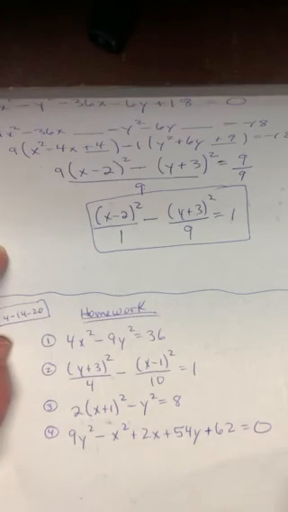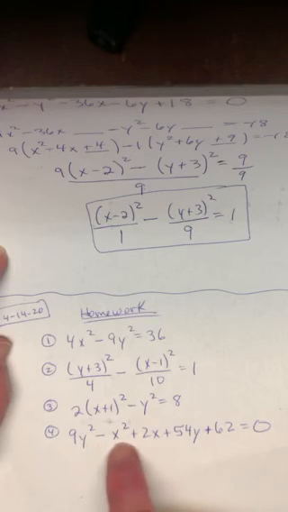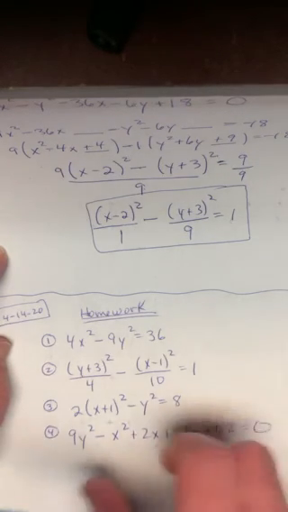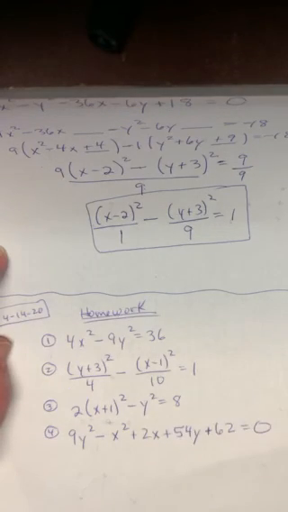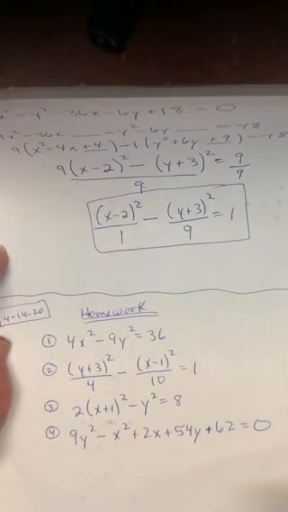And then on number 4, all you've got to do is complete the square, group your families together, manipulate that one, and try to get it into standard form like I did on my last problem. So there's your 4 problems. You might want to hit pause at this point. Those are your 4 homeworks that are due tomorrow on Wednesday by noon, okay?